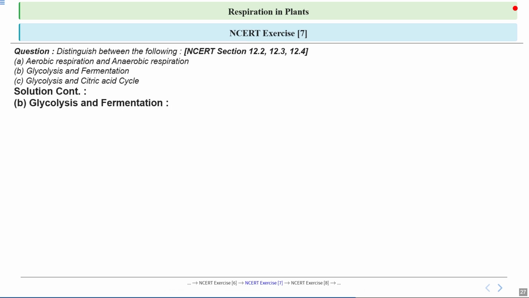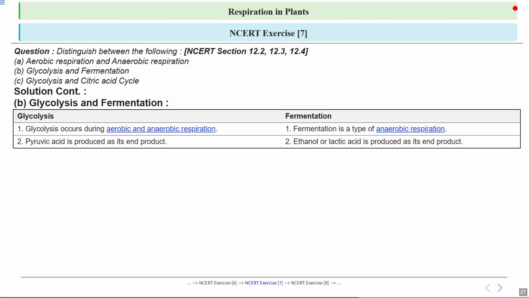Now, let us differentiate between glycolysis and fermentation. Glycolysis is a process common to both aerobic and anaerobic respiration. And fermentation is a type of anaerobic respiration. So, in fermentation, glycolysis takes place.